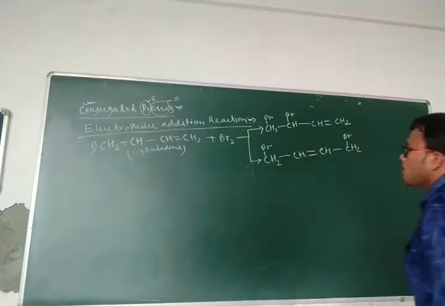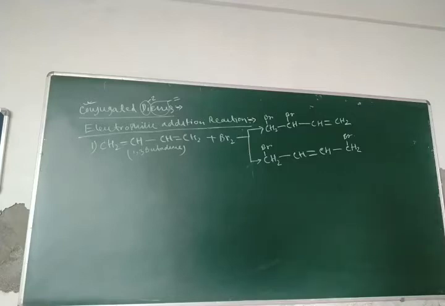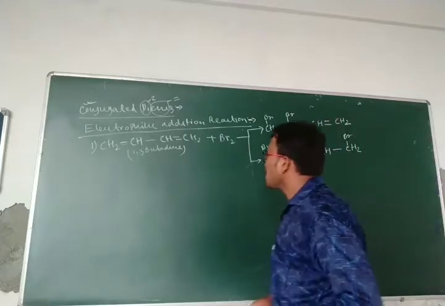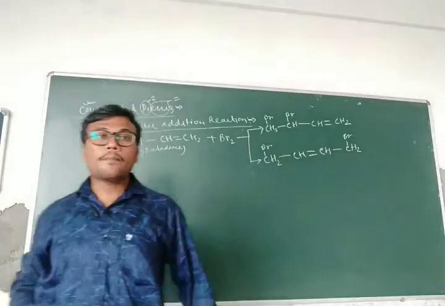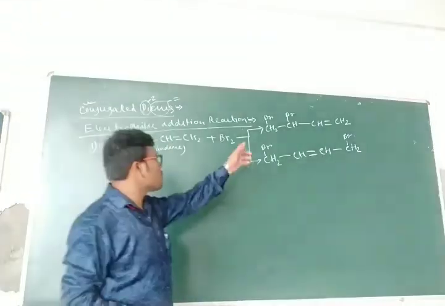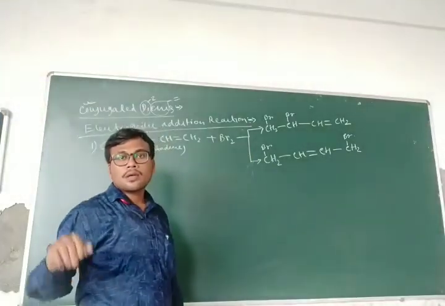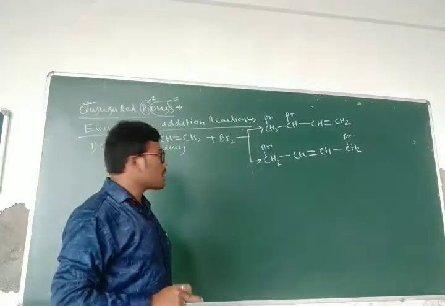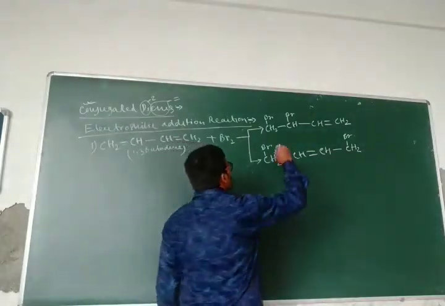These two compounds can form by the reaction of 1,3-butadiene with bromine. The first one is 1,2 addition. The first compound is 1.